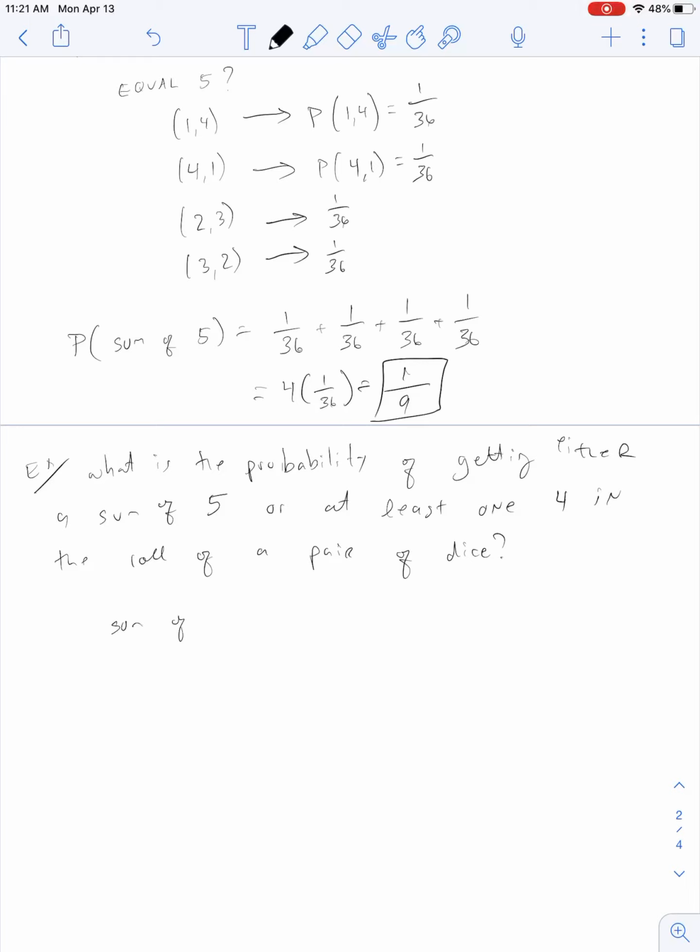So we got 2 things here, right? First, we're looking for the sum of 5. Now, once again, we saw something like that. These are your possibilities.